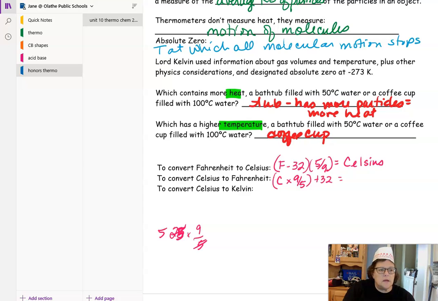Why can't I do that in my head? 45, right? 45. And then we have to add 32 to that. 77 degrees. 23 degrees is generally considered room temperature, so 25 would be close, a little bit warmer than 72, 73 degrees, and that's what we get.